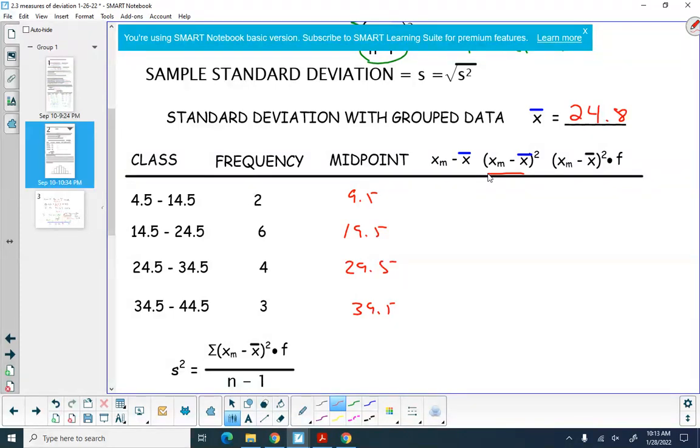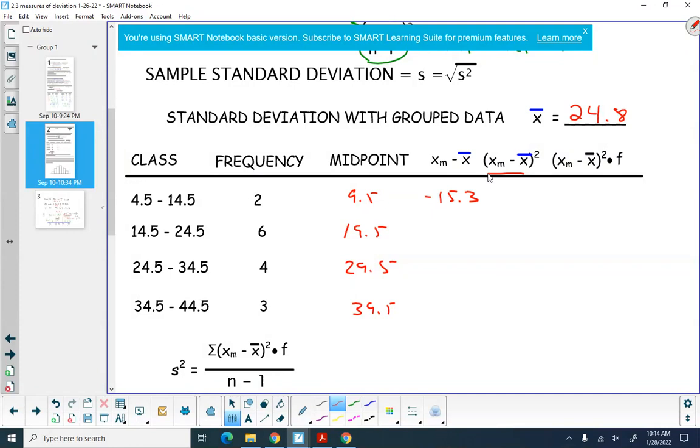So we have the 9.5 minus the 24.8. We subtract that out. When we subtract that, what do we come up with? 9.5 minus 24.8 is negative 15.3.